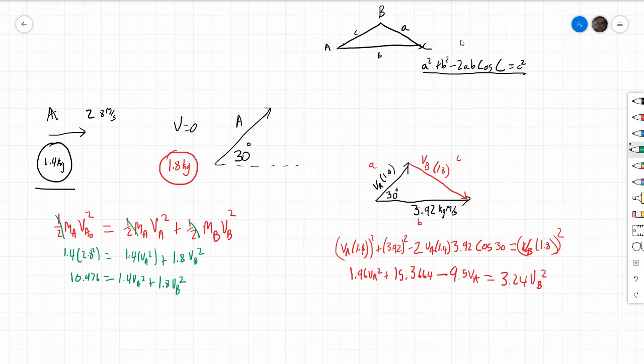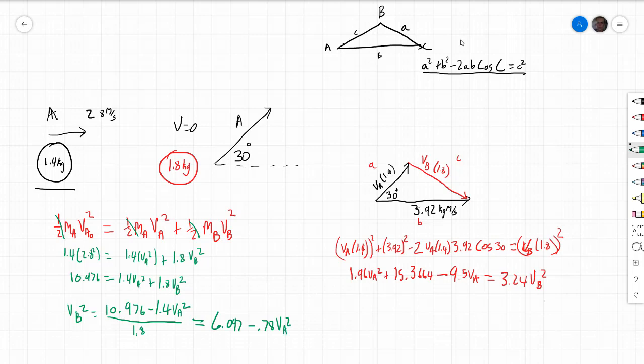What's handy about this is I can solve this equation for VB squared. VB squared is equal to 10.976 minus 1.4 VA squared, all over 1.8, right? So 10.976 divided by 1.8 is 6.097, so VB squared equals 6.097, and then 1.4 divided by 1.8 is 0.77 forever, so minus 0.78 VA squared.